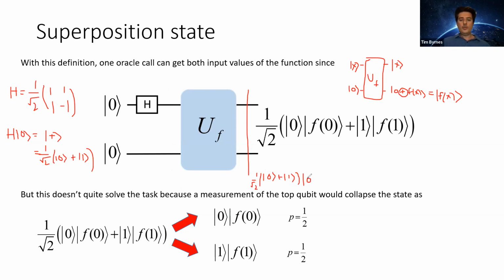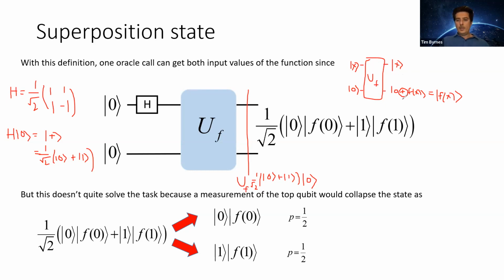And then the second qubit is 0. So this is what was input here, and we're going to apply this unitary U_f. How we can always work this out is, this thing is defined for each of the basis states.